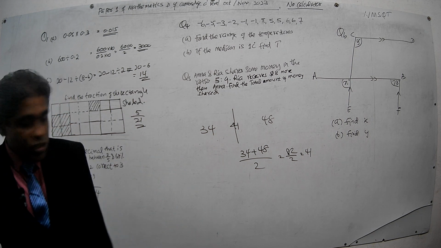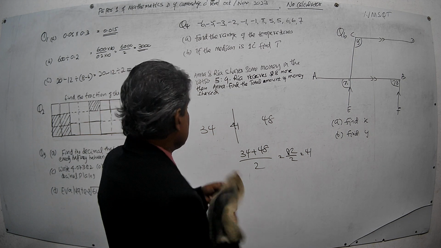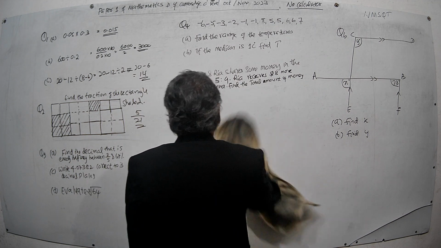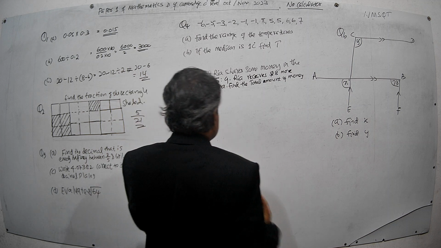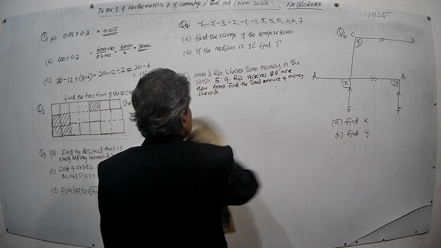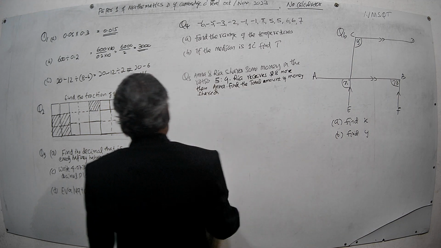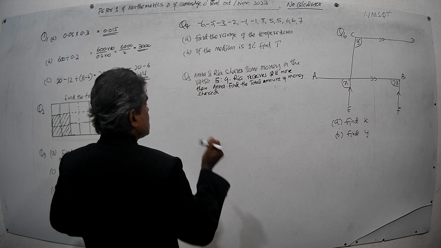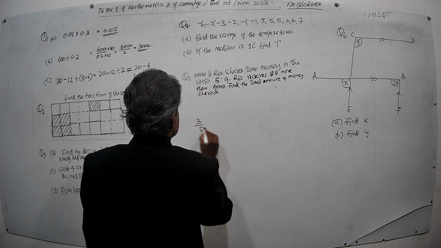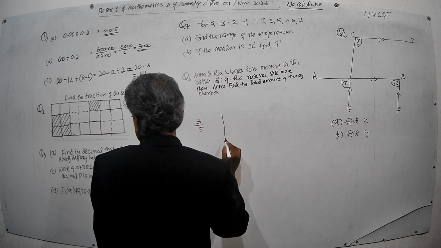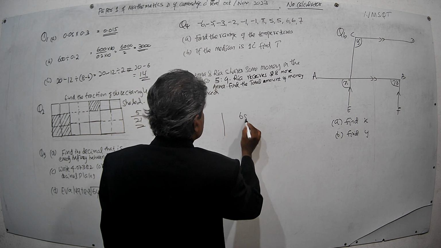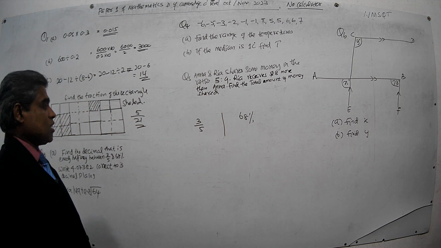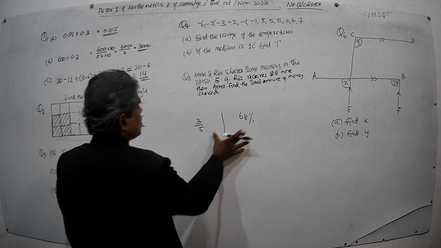Then when you are given a fraction and a decimal, we also apply the same method. We first of all convert. We have two numbers, 3/5 and 68%, and you have to find the value in the middle position, otherwise the value exactly halfway between these two.